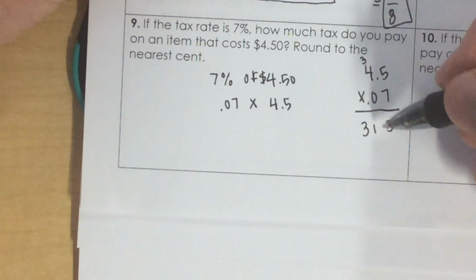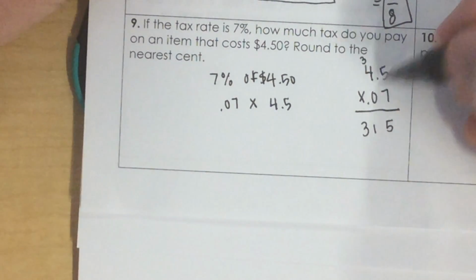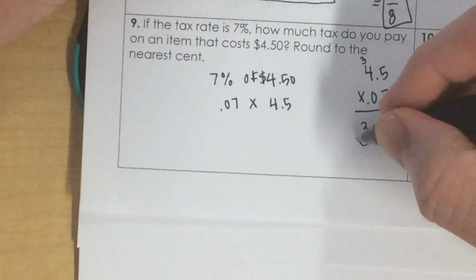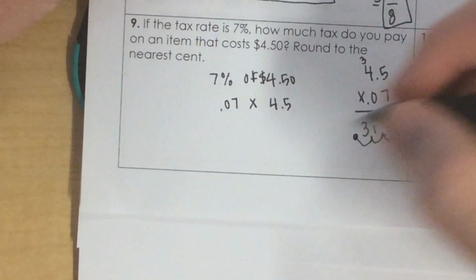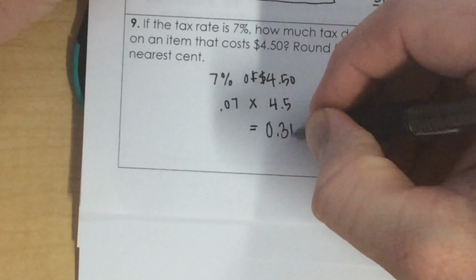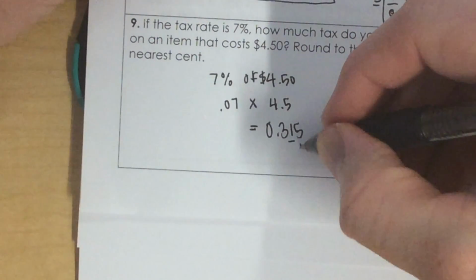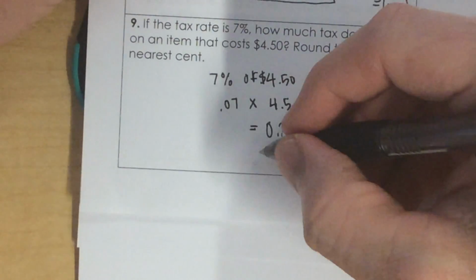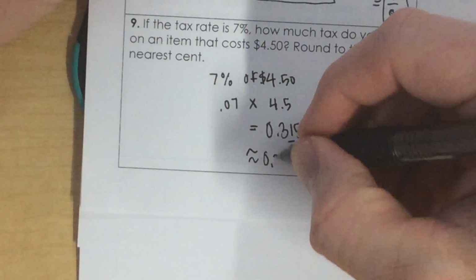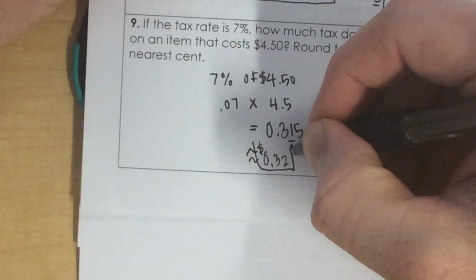So this was 315, but we need to move over the decimal 1, 2, 3 times. So our answer is 0.315. It says round to the nearest cent, so that 5 would round that 1 up to a 2. So we could say that it's about 32 cents that we would pay in tax.